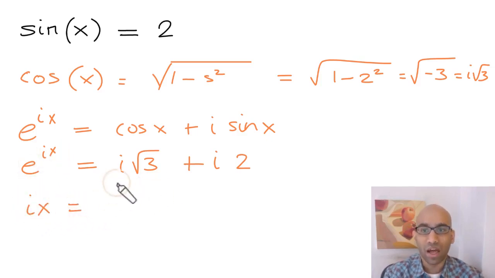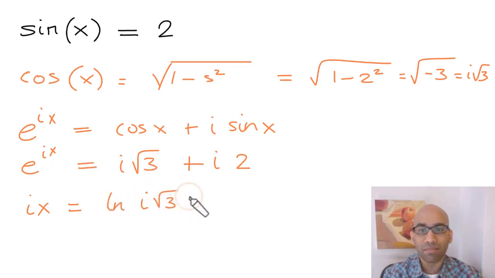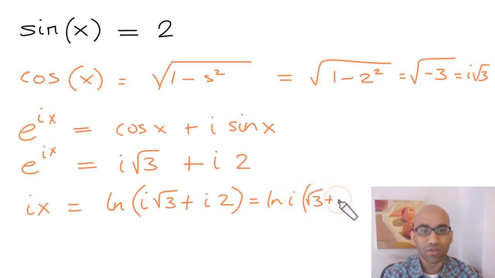And now we're going to take logs on the right side of this equation. So we're going to get log of i times square root of 3 plus i times 2. And then we can factor out this i, and we can write this as log of i times square root of 3 plus 2.